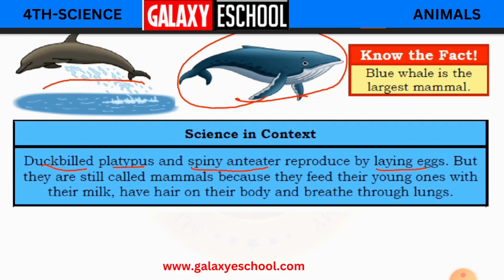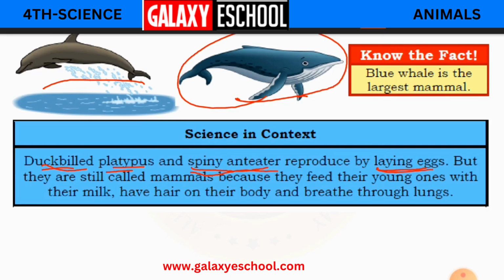So you might have wondered: as we said before, mammals give birth directly to the young ones, but these two animals, the duck-billed platypus and spiny anteater, reproduce by laying eggs.